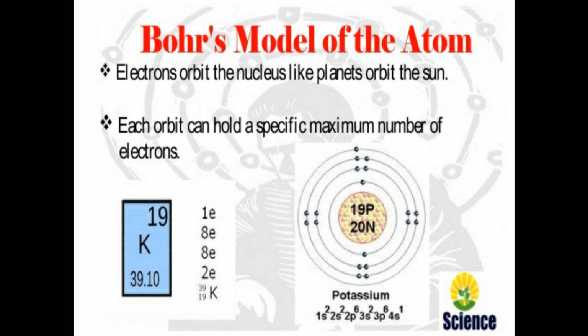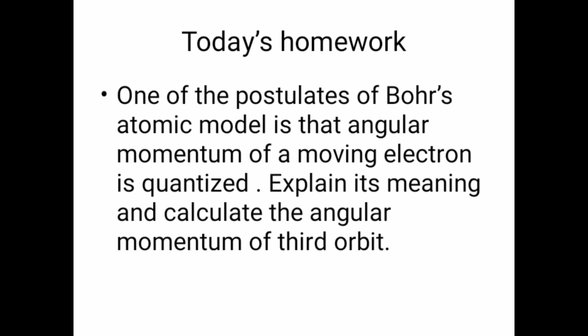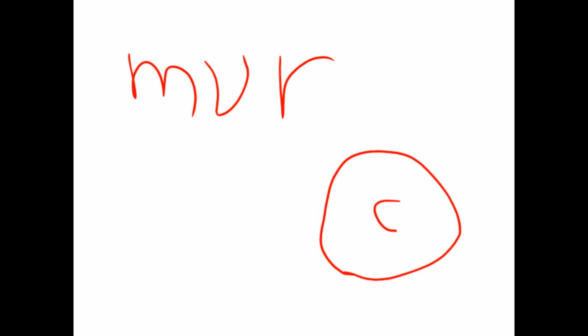You know, the angular momentum of any charged body is equal to m, the mass, v, velocity, and r, the radius. As electrons were moving on a circular path around the nucleus with a positive sign, and this electron has a negative sign. So the mass of the electron, the instantaneous velocity with which it is revolving around the nucleus, and the radius, the distance of this electron from its nucleus.